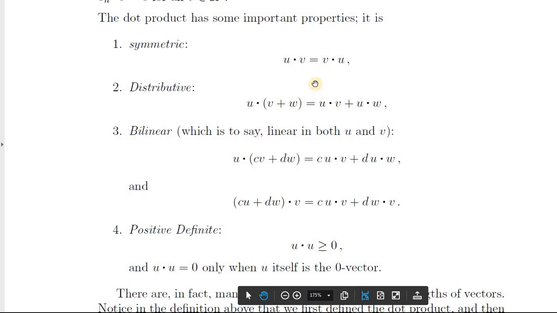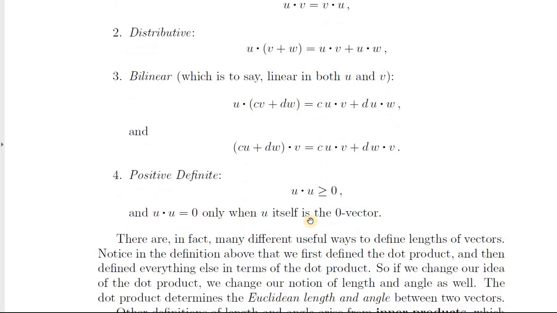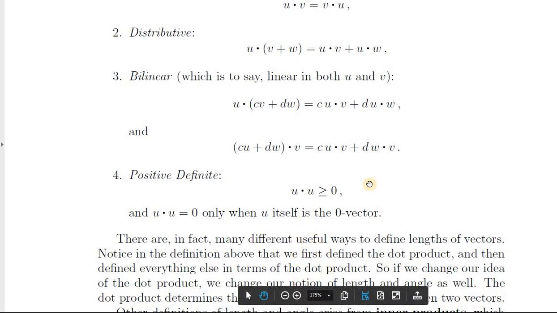Now these 4 properties could be applied to other operations. In fact, there are other operations that we're not going to get into right now that satisfy these 4 properties. And these are also called, well, they're not called dot products, they're called inner products. And the neat thing is that if I can define the inner product, I can also define a length and an angle.